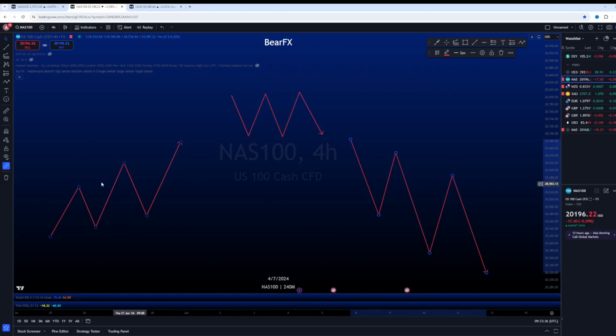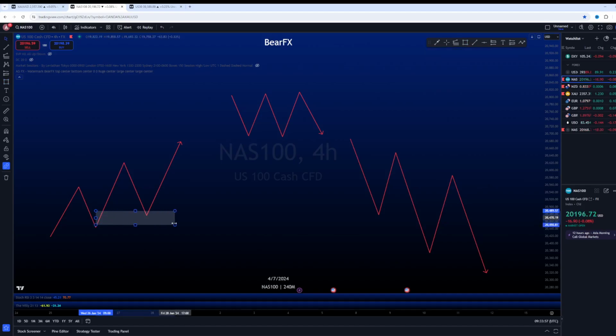So what is price actually doing? What do we see price always do? Price pushes up, it pulls back, it pushes up, it pulls back, and then it pushes up again. So we want to be getting in on these pullbacks. Ideally you want to get in this sort of area here.